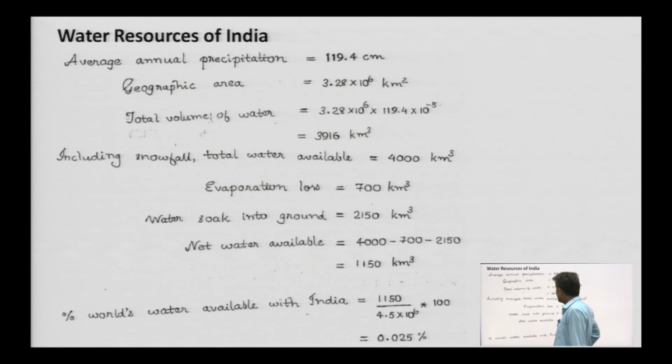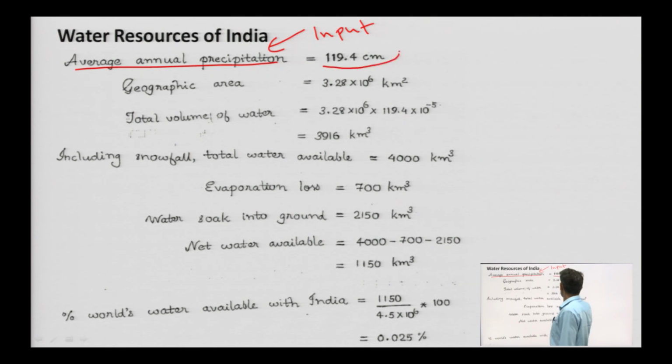In our India, first of all the input is the average annual precipitation, which is the input for the water resource, and it is 119.4 centimeter, against the world's annual average precipitation of 100 centimeter, right.